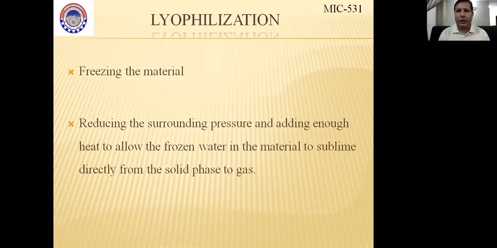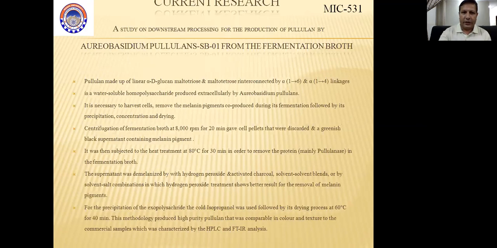We reduce the pressure and give some heat, so that ice converts into gaseous form without converting into liquid form, and your product remains in powder form. This is the lyophilization technique. Now, current research in this regard: a study on the downstream processing of the product of pollen.